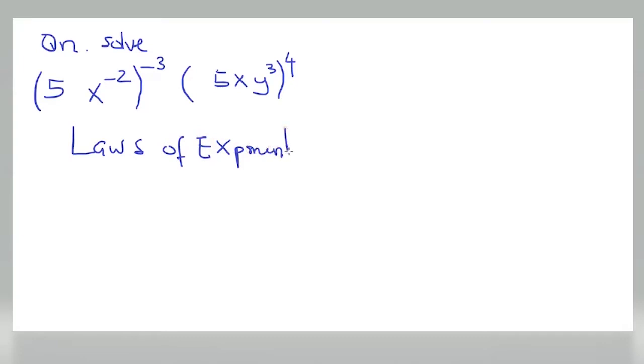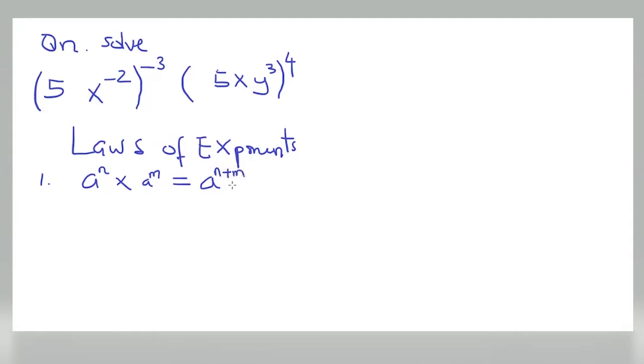Now, rules of exponents. Number 1, the rule of multiplication. In case you are given, let me use another letter, maybe a. If you have a^n times a^m, this is always equal to a^(n+m).